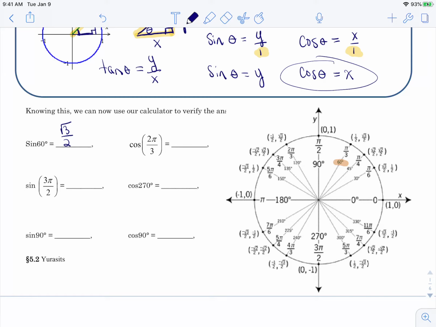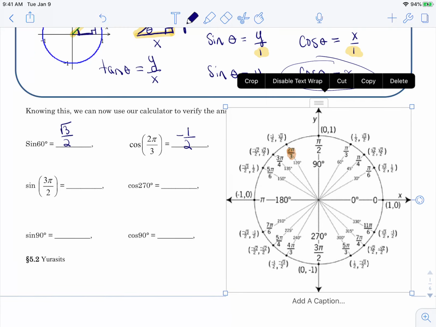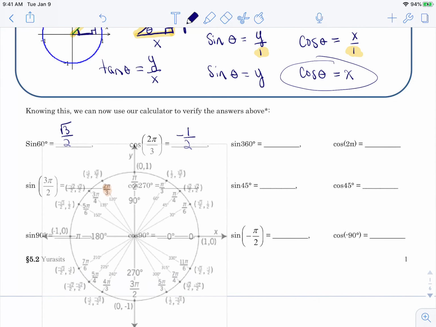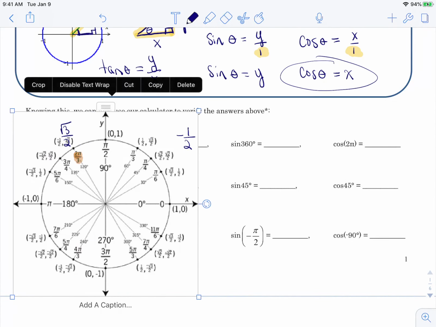So now if I find cosine of 2 pi over 3, I'm going to find that on my unit circle, so that's right there. Well, cosine are my x values, and so that's why that will equal negative 1/2. All right, let's move this guy. Sine of 360 degrees, remember that's 1 full revolution around the circle.